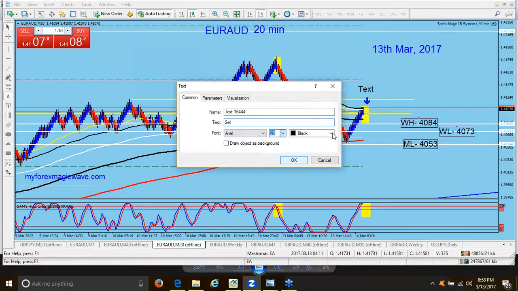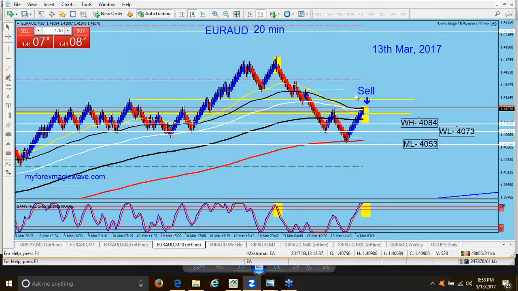So this is how you plan. You have a good setup. Just wait. Here I need to see this reversal candle and the red candle, 1 or 2 red candles, and I'll open a trade.